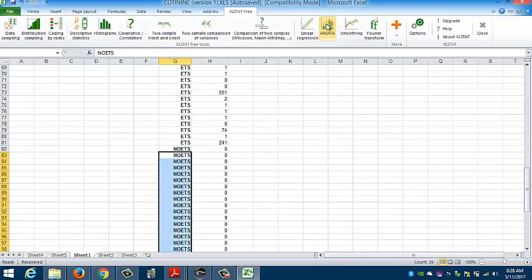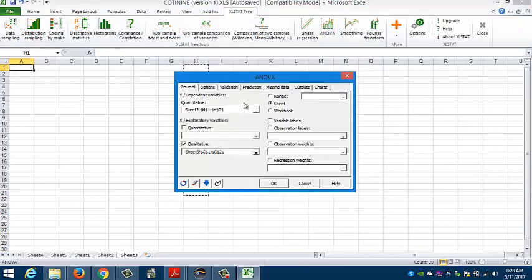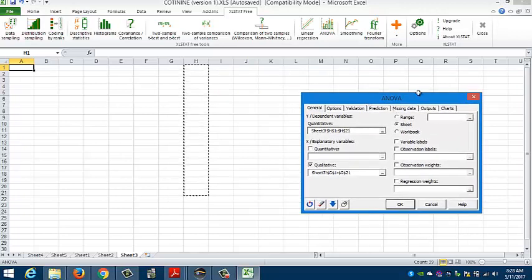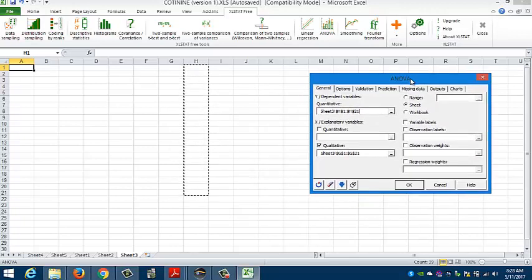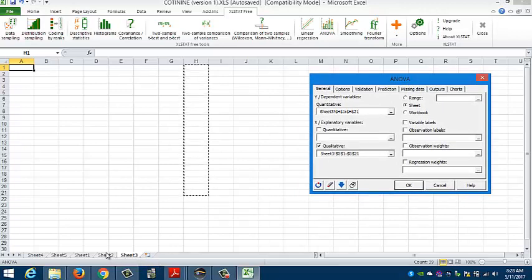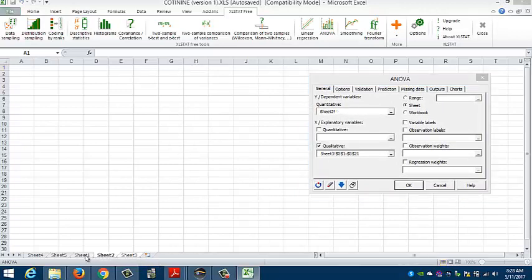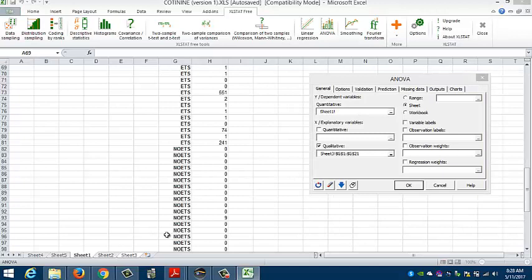So here it is, ANOVA. And it asks me, where's the quantitative data? What is it looking at? Am I on the wrong sheet? Oh, it moved sheets on me. So you have to find the sheet where you have all the data.